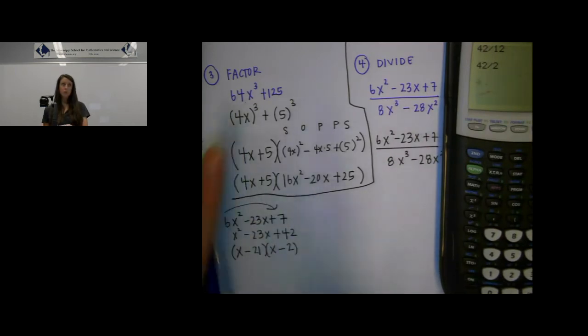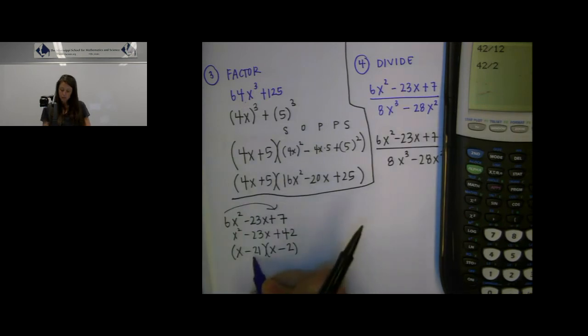But what did you multiply by? Multiply by 6, so each one of those needs to be divided by 6. So 21 over 6 can reduce, 3 can go into both of those, so that's going to be 7 over 2. And then 2 over 6 can reduce to 1/3.